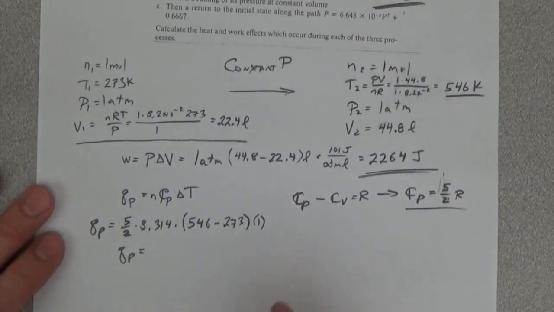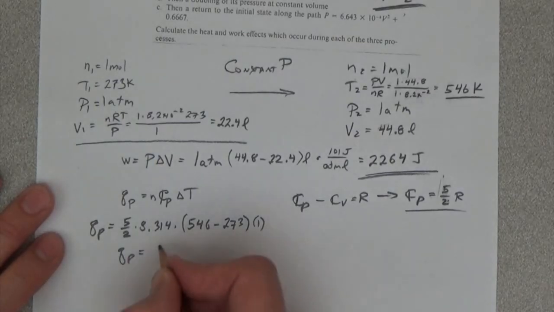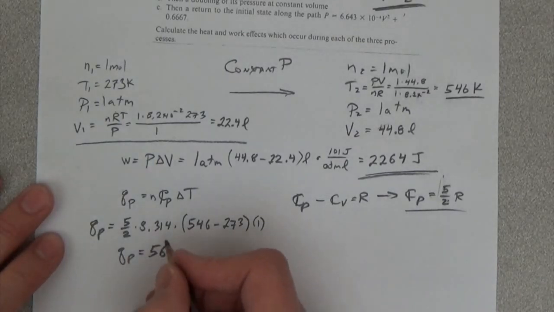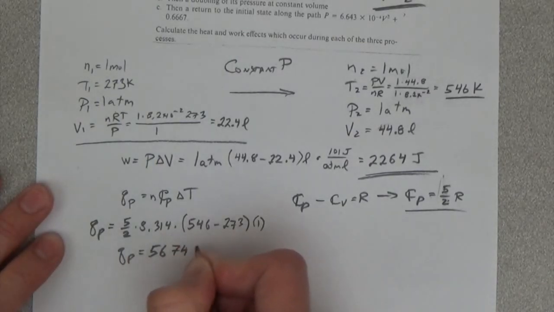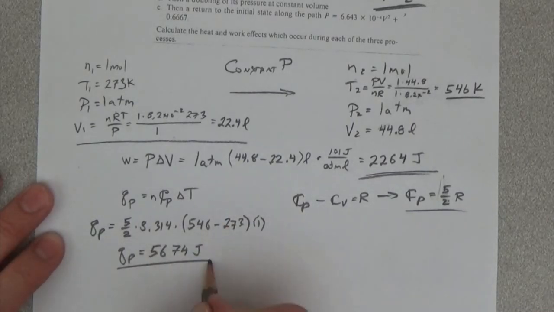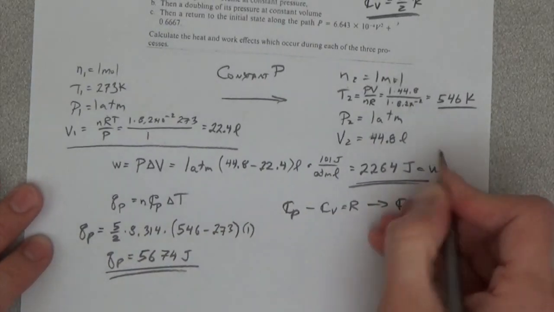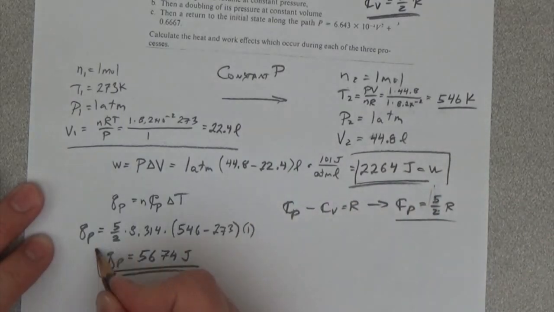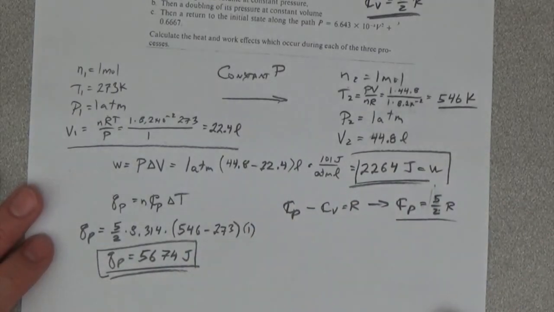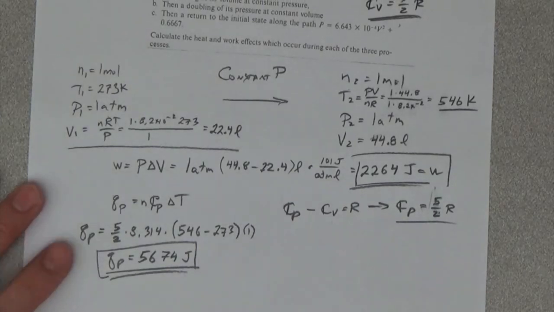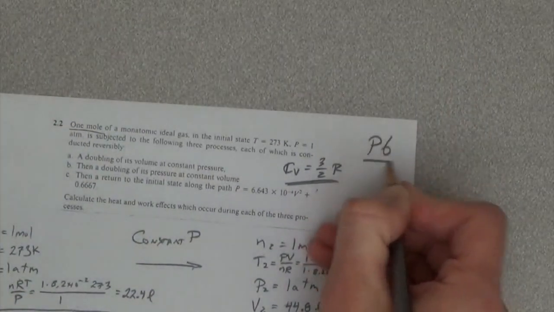Qp is equal to 5674 joules. Okay, that's the first problem. And this is page 6.